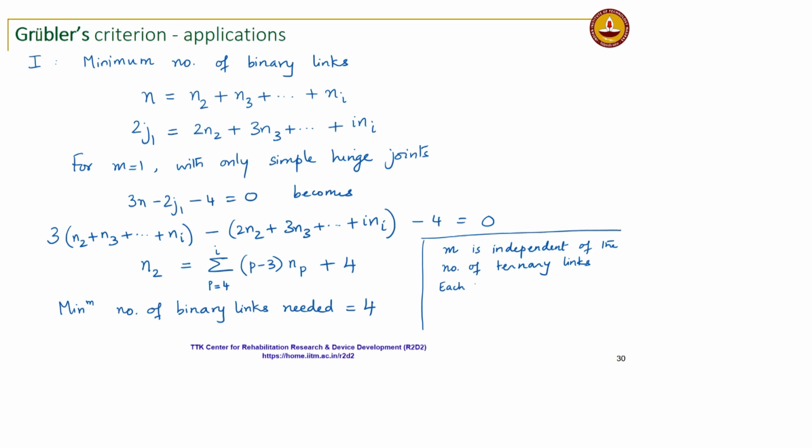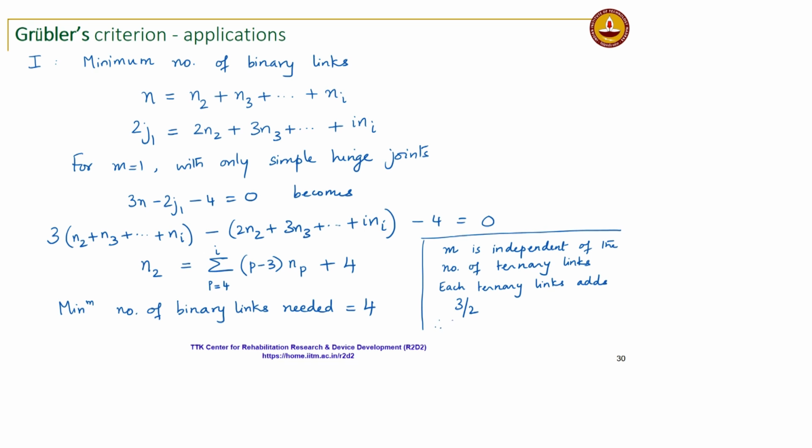Each one is shared, so I am actually adding 3 by 2 joints to the mechanism. I can't have a mechanism with a fractional number of joints, so ternary links have to be added in pairs.